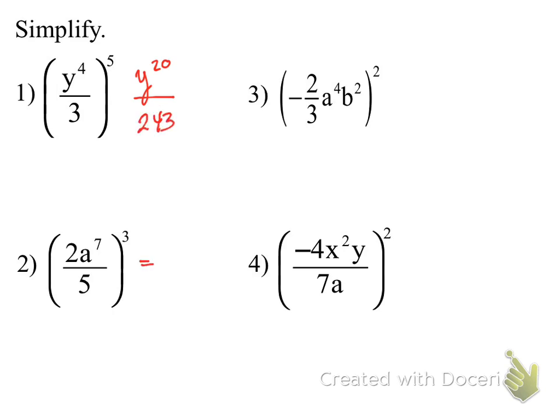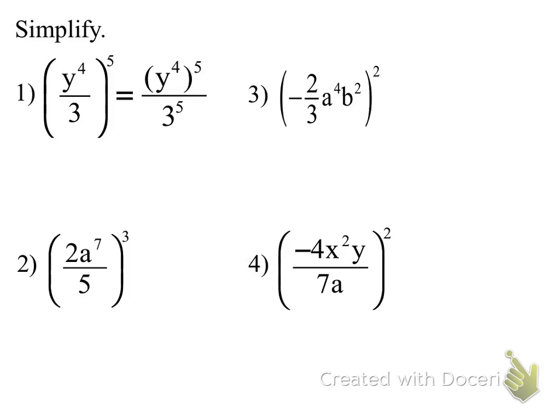Number 2 would be 8a to the 21st, 5 to the 3rd is 125. You guys understand? 2 squared would be 4, 3 squared would be 9, and a would be to the what power? 8th, and b would be to the 4th. You guys get the idea?